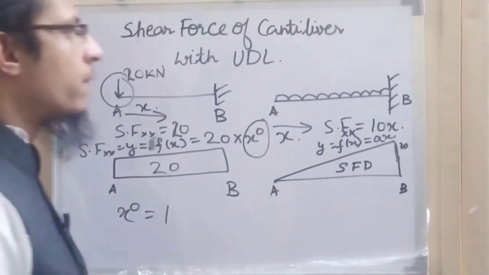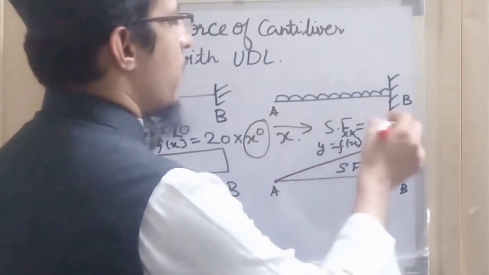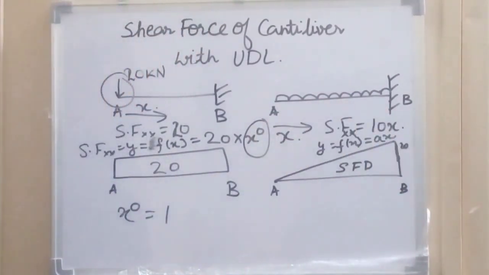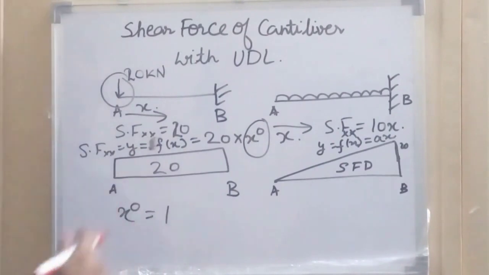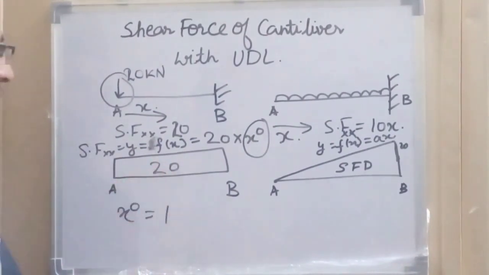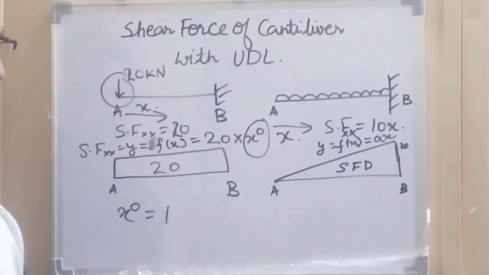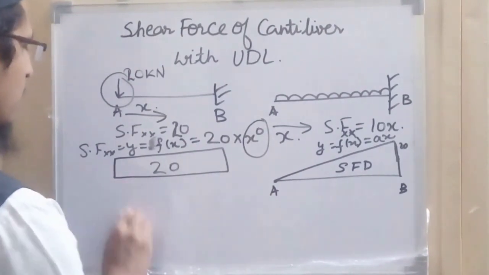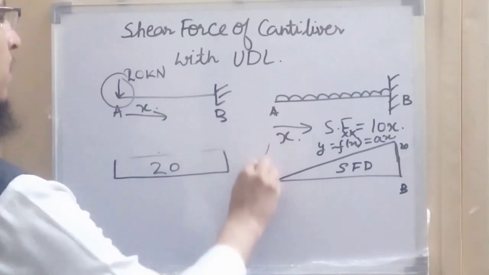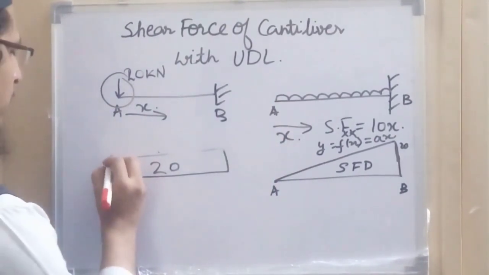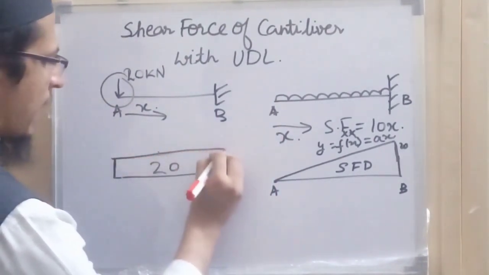But in case of UDL, it is not independent of the distance from the free end. So it is linearly varying, and this will be the shape of the shear force diagram for the point load. The shear force diagram will be like this.